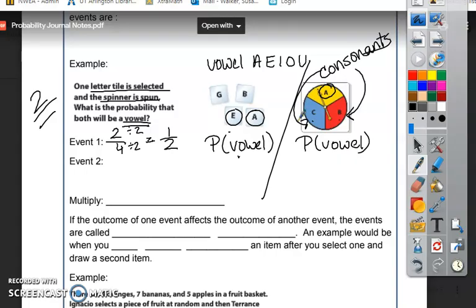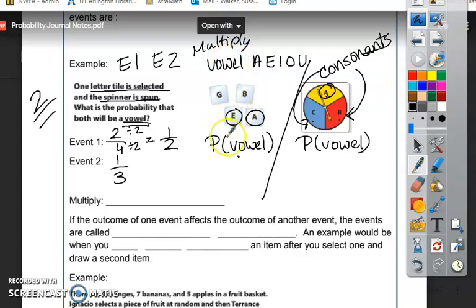So how many outcomes are there total on this spinner? Hopefully you know there's 3. How many are vowels? We circled 1 of them. Okay, so 1/3.